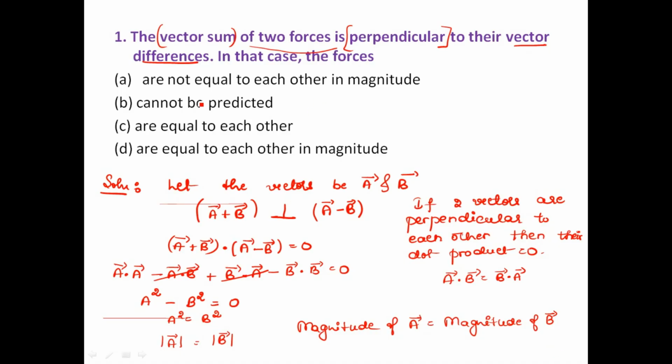Let us find the correct option. Are not equal to each other in magnitude? No, this cannot be the correct option. Cannot be predicted, not actually. Are equal to each other? No, vectors are not equal to each other. We have got magnitudes of vectors to be equal, right? Are equal to each other in magnitude. That is why we have option D as the correct option here.